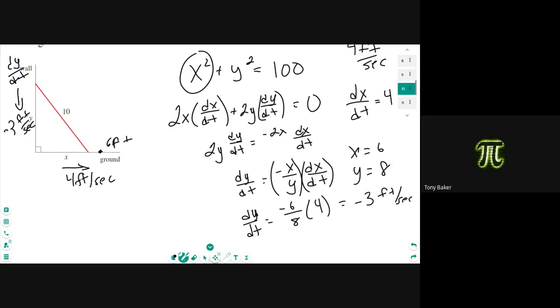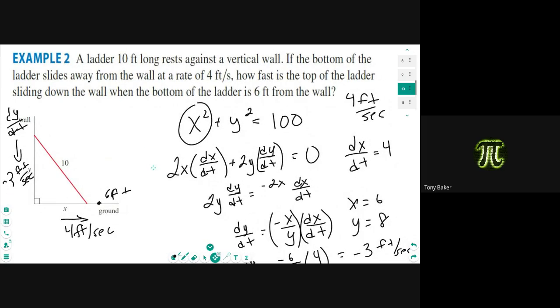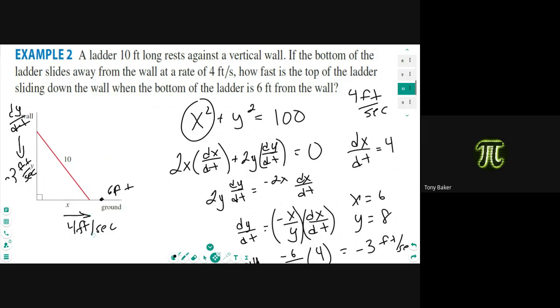Oh, the one in the problem? This 4? Oh, that 4? Yeah, that was the dx/dt. That was good, right, but we never... We used it here. We didn't use it in this. We used it here.